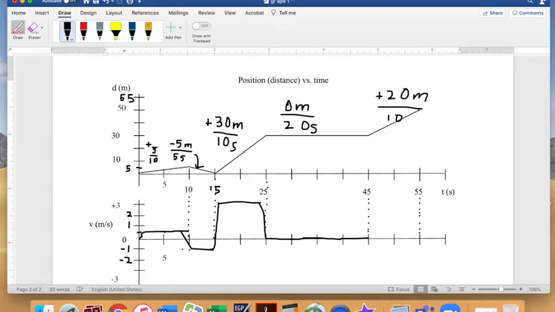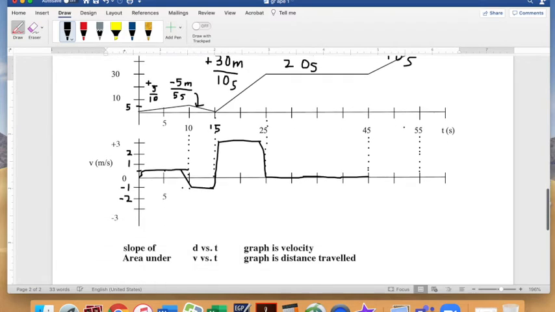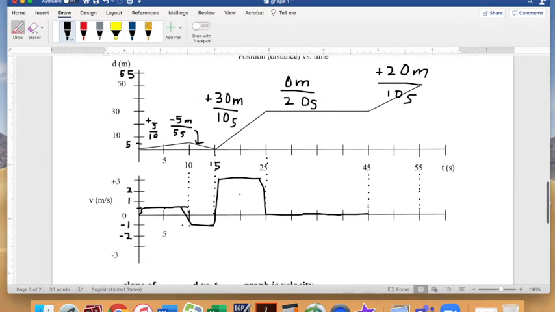Isn't that nice? We'll just patiently wait for me to write that in my very messy penmanship. But yeah, he's going to go 2 meters per second. So I'm finding my 2 mark on the y-axis, and we're going 2 meters per second for those 10 seconds from 45 to 55 seconds. Okay, well that took me a while to do that. That is the velocity versus time graph.